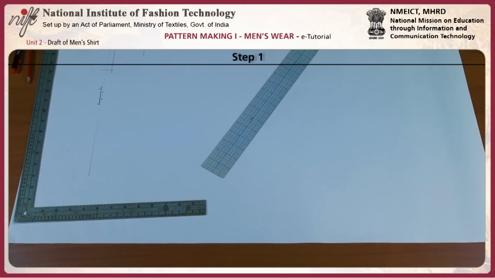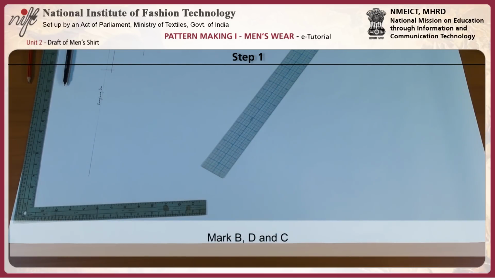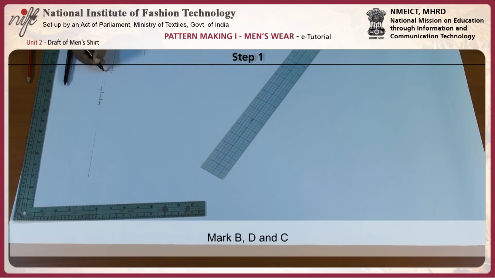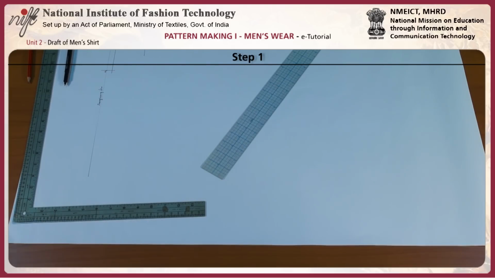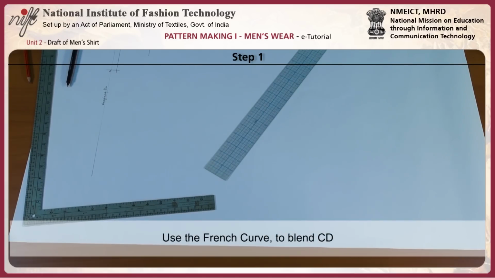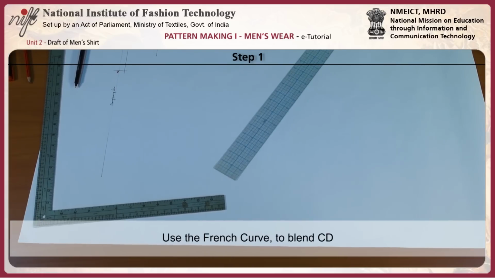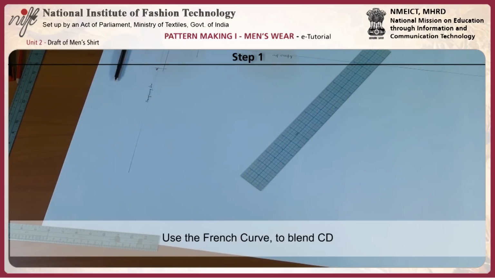This will be point B, point D and point C. Point C to D can be blended with the help of a French curve as shown.